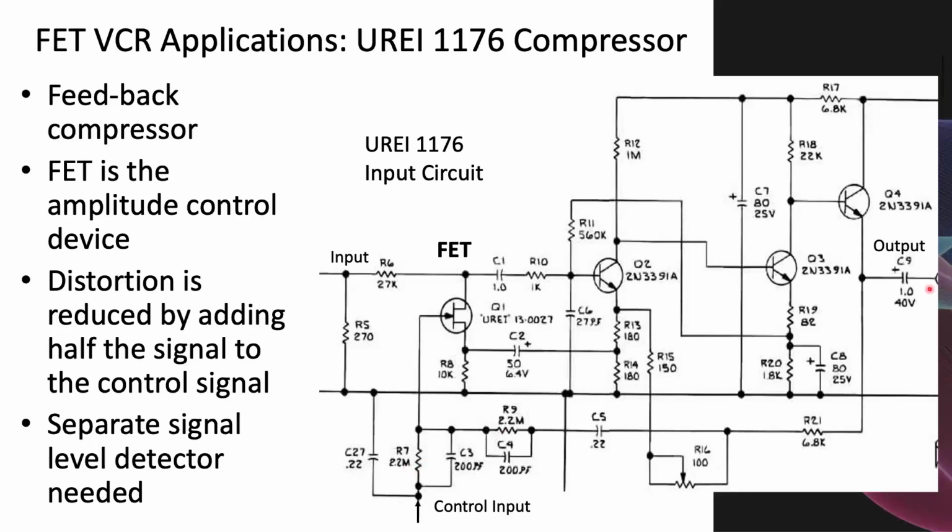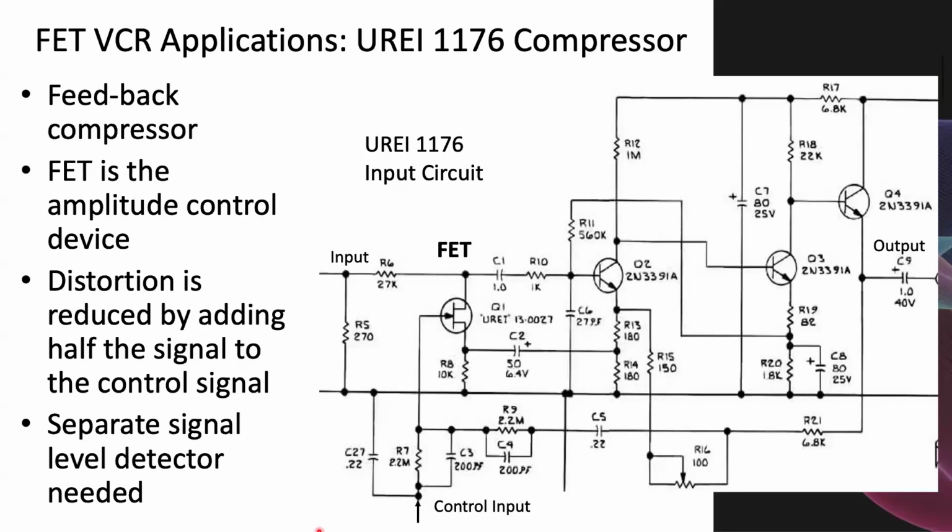It's actually using the output of the amplifier after the FET to feed half a control signal into the field effect transistor to reduce the distortion.